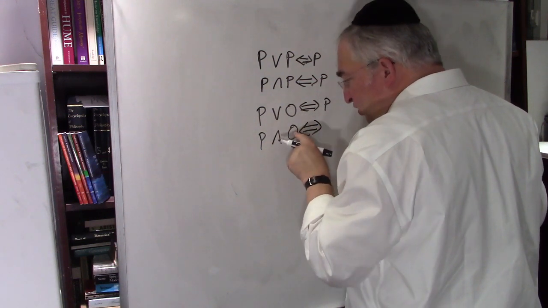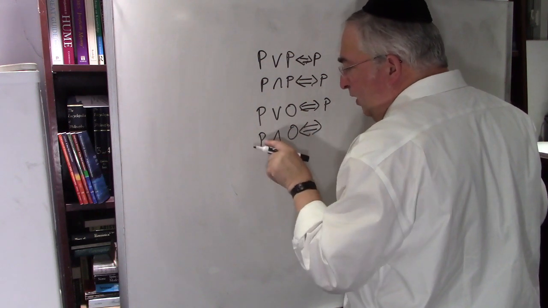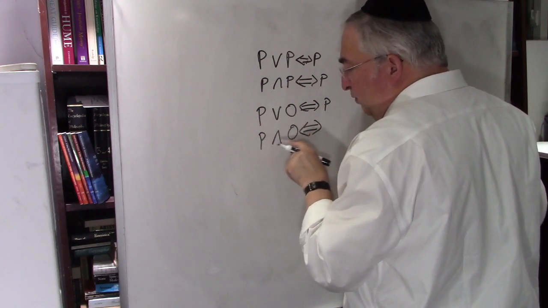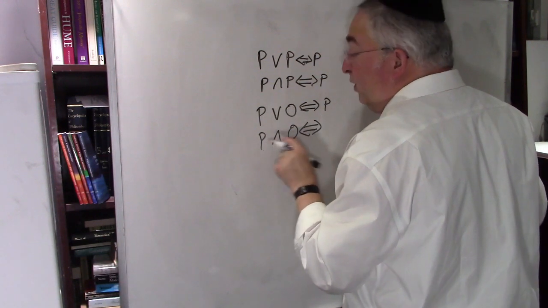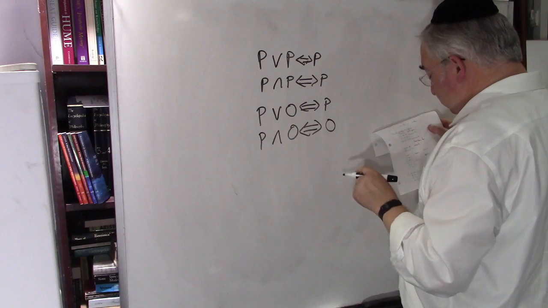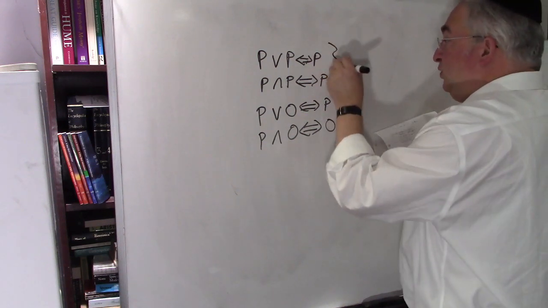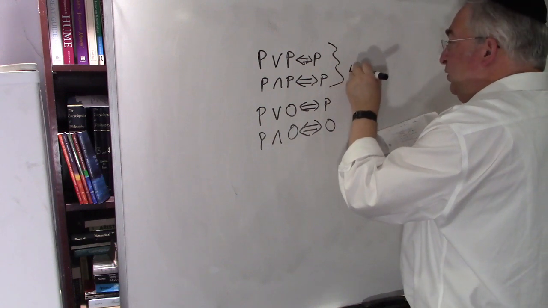Now what is this? This is always 0. No matter what the variables are, that's going to be 0. And is only true when both sides are true, so this is logically equivalent to 0, because this will always be false. Okay? These are called idempotent.